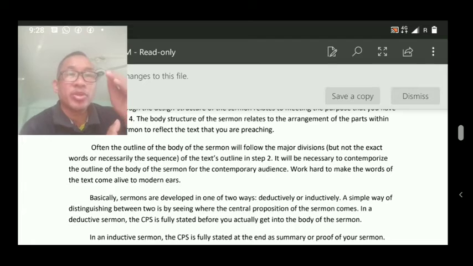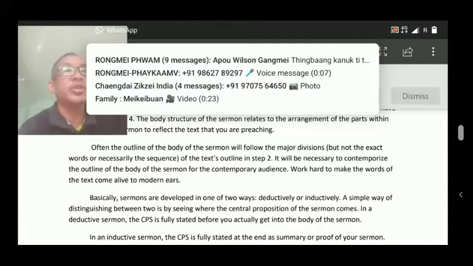Now there should be a theme and a thrust, and in the theme you ask the question, what. For example, if you're preaching on leadership, your CPS would be: what should be the decision of a spiritual leader? That is your theme.